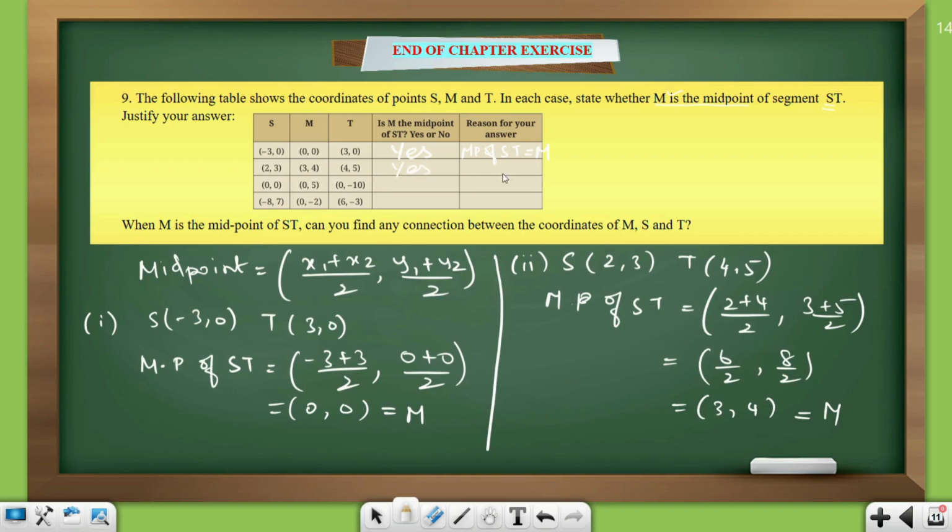So this M is also the midpoint, and the reason is the midpoint of ST is equal to M. The same reason we are writing here.